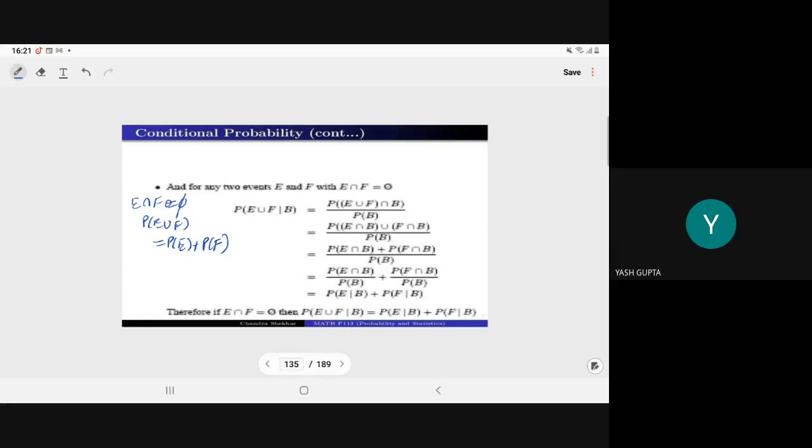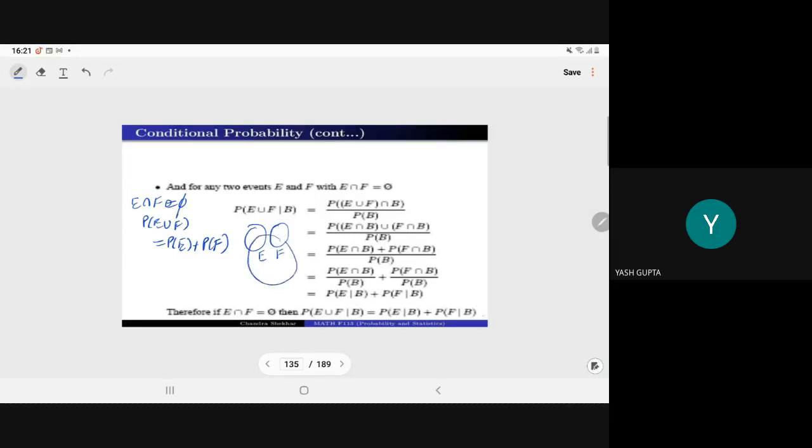When we apply this theorem of set theory, it can be written as the probability of E intersection B union F intersection B, and it is given that E and F are mutually exclusive. That is, E and F are disjoint.